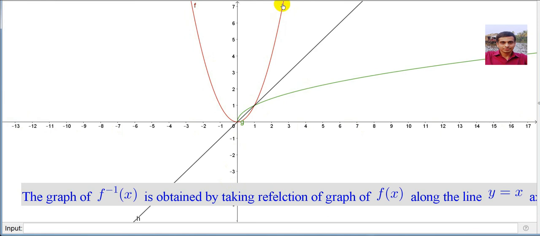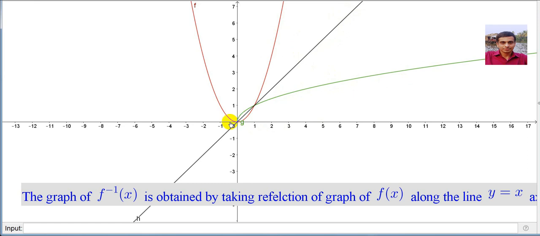So let us concentrate on this part, in the first quadrant. What is the inverse of x square? It is square root of x. So the graph in green color is that of square root of x, and the graph in red color is that of x square. And you can easily observe that these two graphs are reflections of each other along the line y is equal to x.